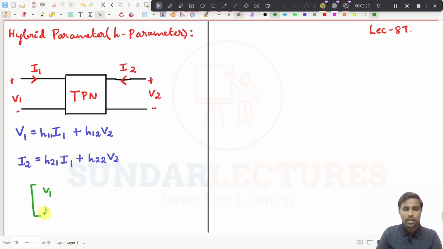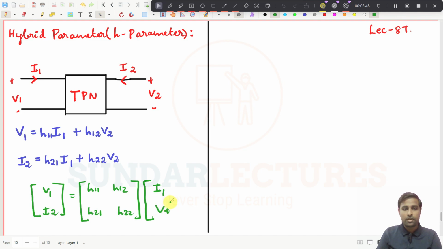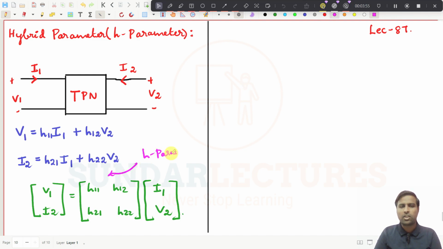This is V1 and this is I2, V1 and I2 in terms of H11, H12, H21, H22, and the multiplication will be I1 and V2, right? So now this is the H parameter, or we can call it the H matrix, whichever.